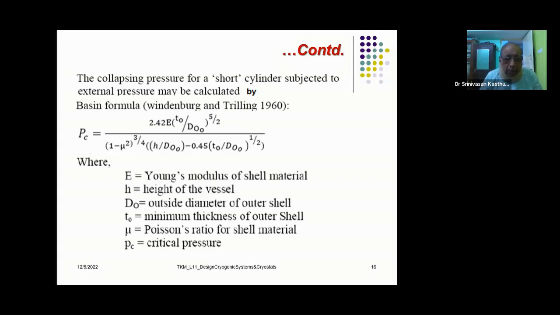The critical pressure is given by PC is equal to 2.42 E times (T0 divided by D0) to the power 5 by 2, divided by (1 minus mu squared) to the power 3/4, multiplied by (H by D0 minus 0.45 times (T0 by D0) to the power half). Okay, all the parameters we already explained. Mu represents the Poisson's ratio and PC represents the critical pressure.